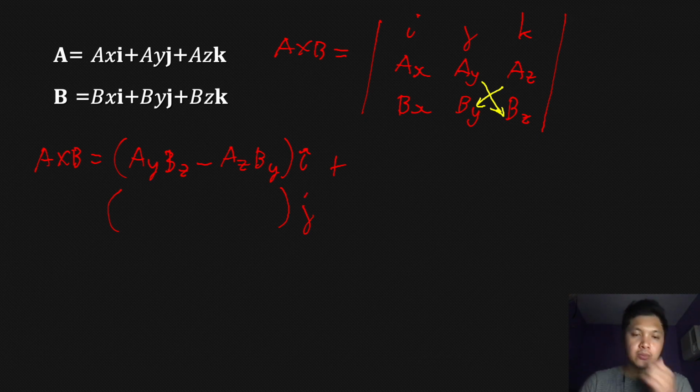This time it's J hat, or J. Now if you want to get the direction in J, we have to disregard this column. To make it easier, this is the technique I'm using.